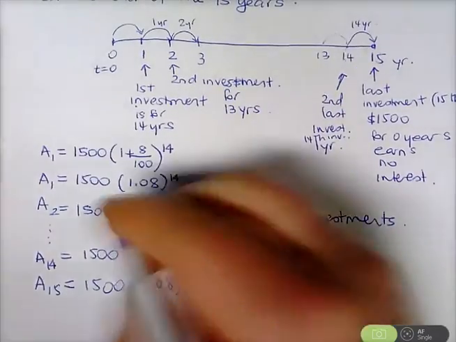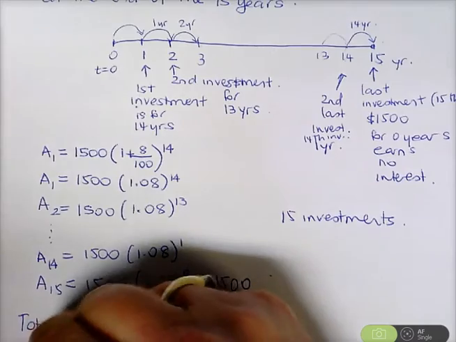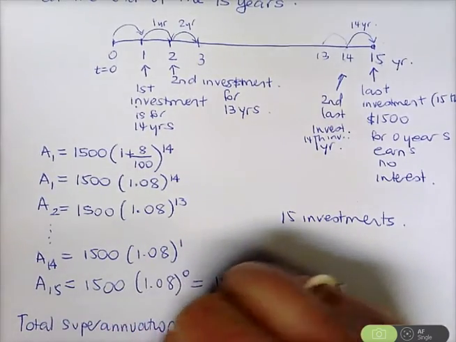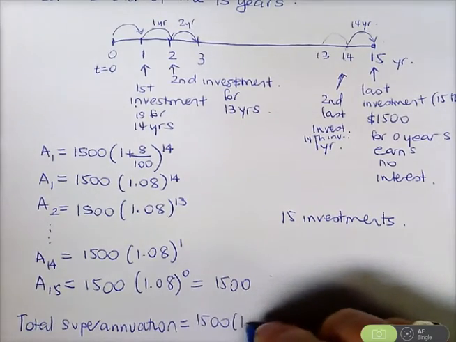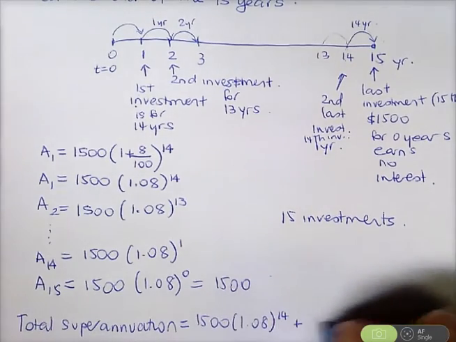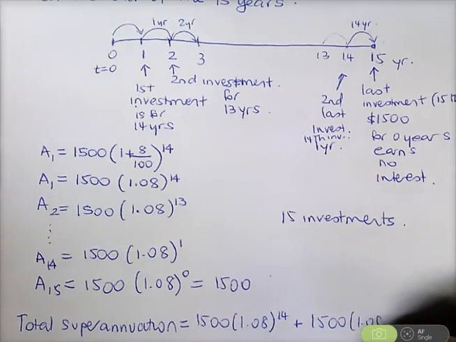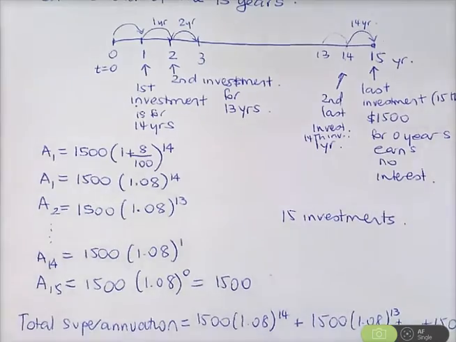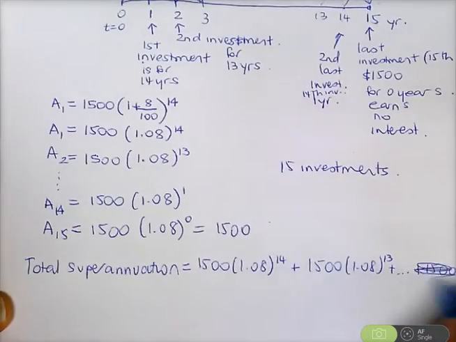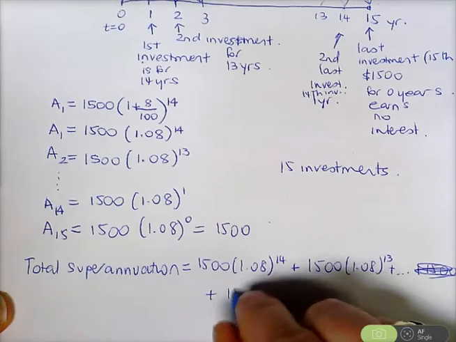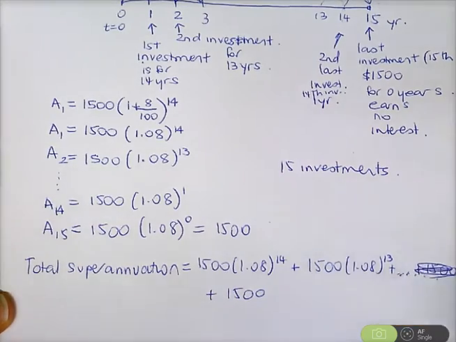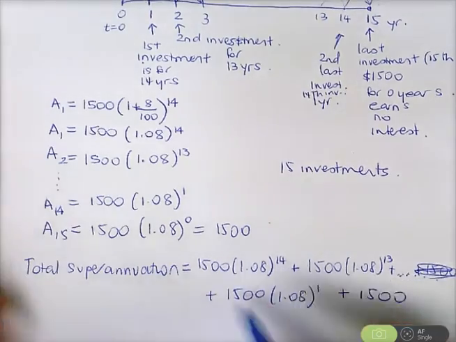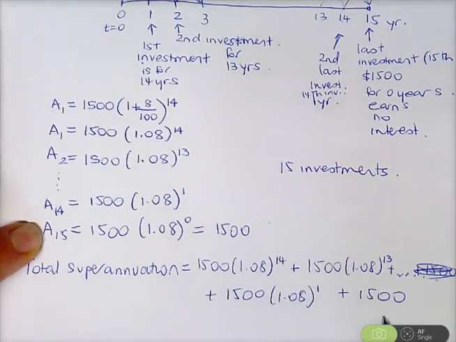Okay, so now the total superannuation at the end is going to be 1500 × 1.08^14, plus 1500 × 1.08^13, plus dot, dot, dot, plus 1500 × 1.08^1, plus, remember, this final investment is just 1500.